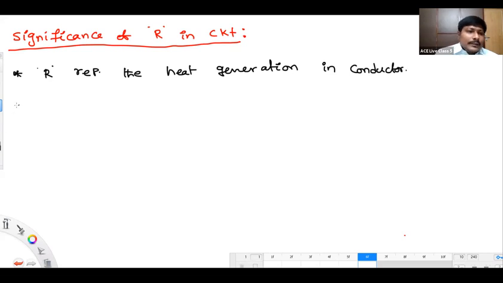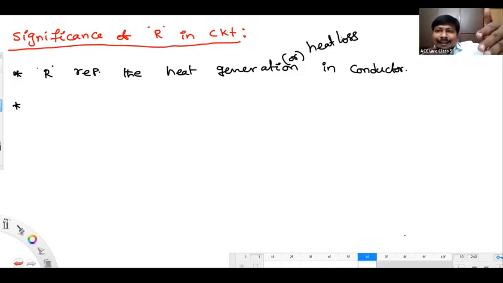Okay, this one thing. Second significance I am saying, just listen to this one. Heat generation, or you can say power loss also, heat loss also you can say. Okay, listen, second one. Whenever we have some current flow in the conductor, there is some opposition shown for the current flow by means of the resistivity.